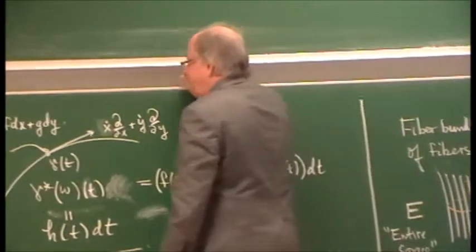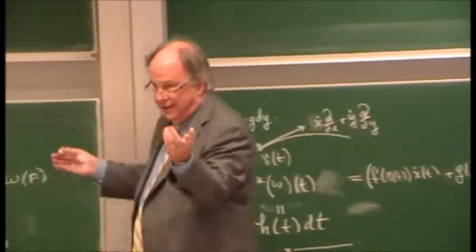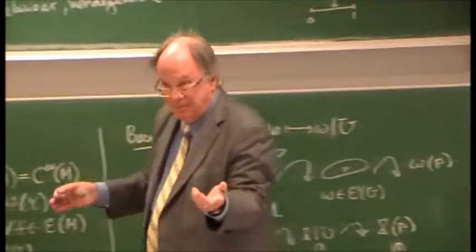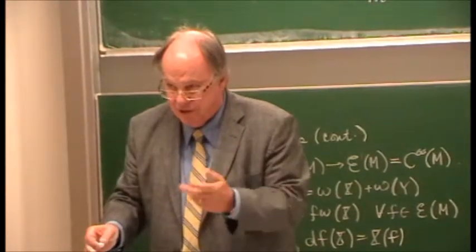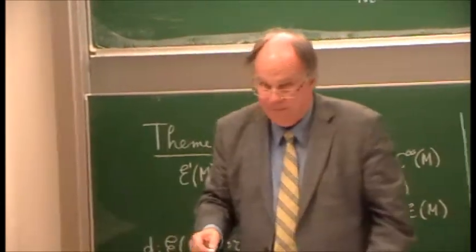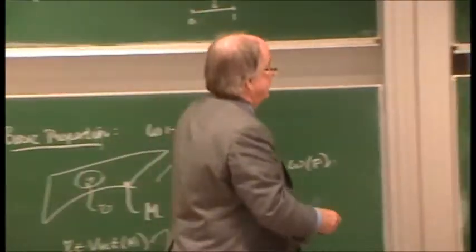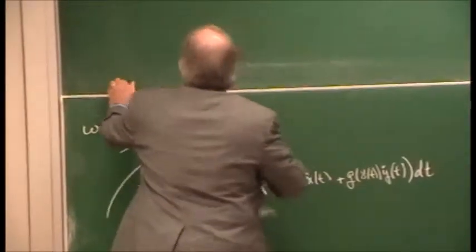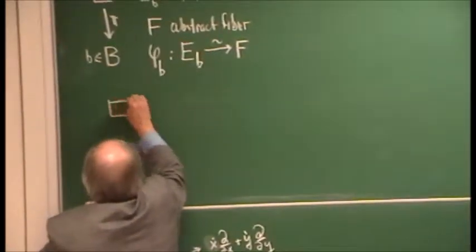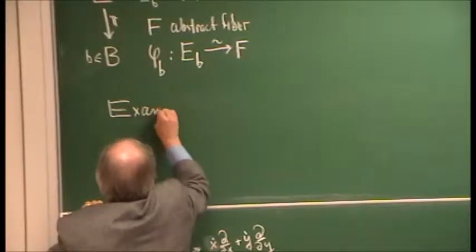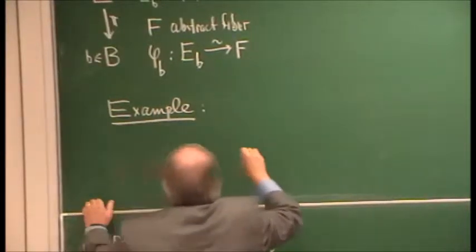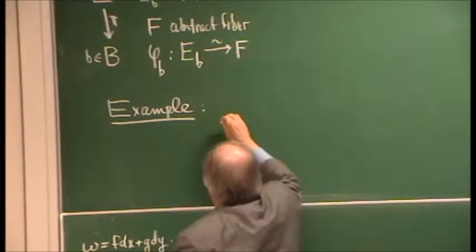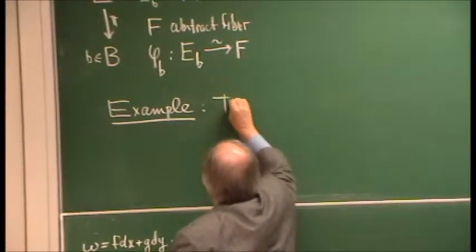However, F will be equipped with structure in every example, and I will talk about that in the context of the tangent bundle now. So, the example. What I've discussed so far is very formal, but we're coming close to something realistic. The tangent bundle.